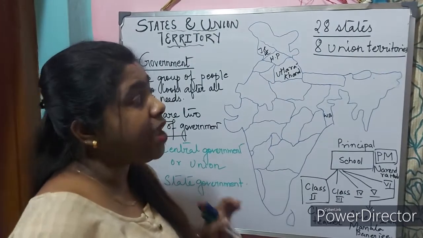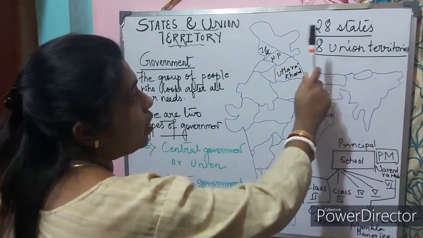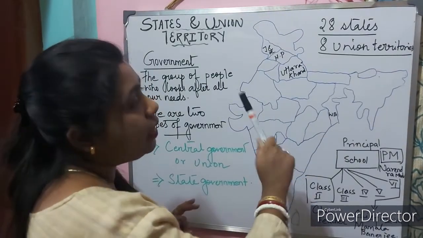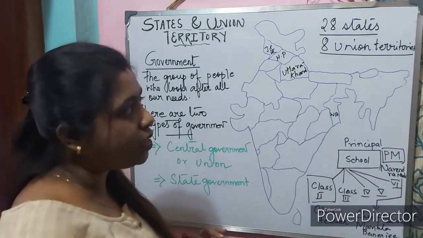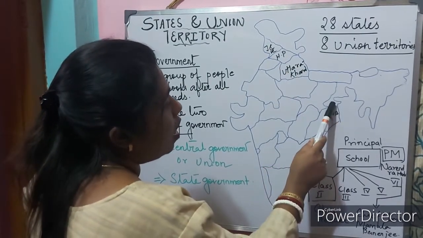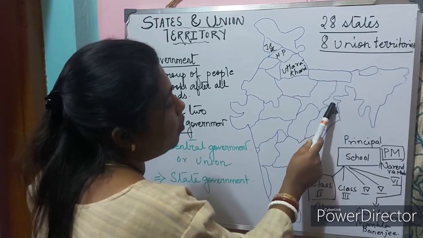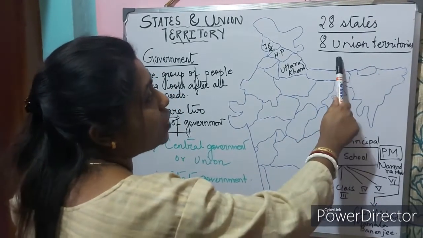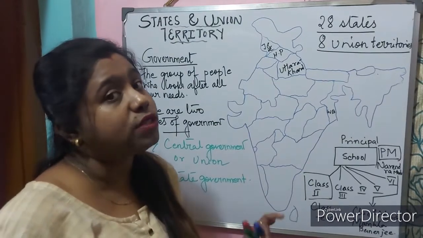And what is the main difference? In states, there is a separate government, that is the state government, which looks after the needs of the people living in a particular state. For example, in West Bengal, there is a separate government who looks after the needs of the people living in West Bengal. But in the case of union territories, there is no separate government.